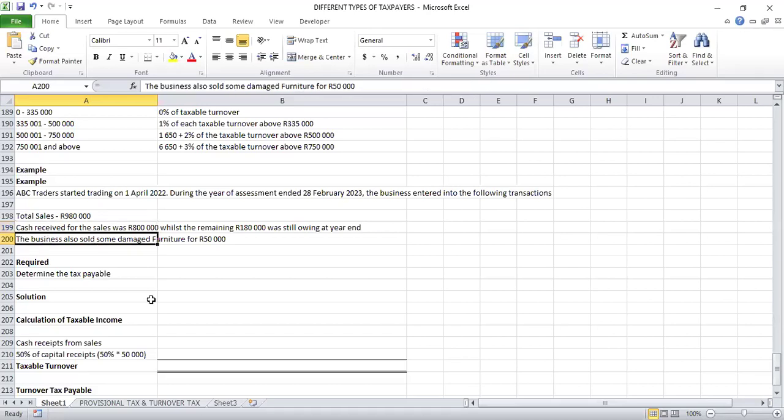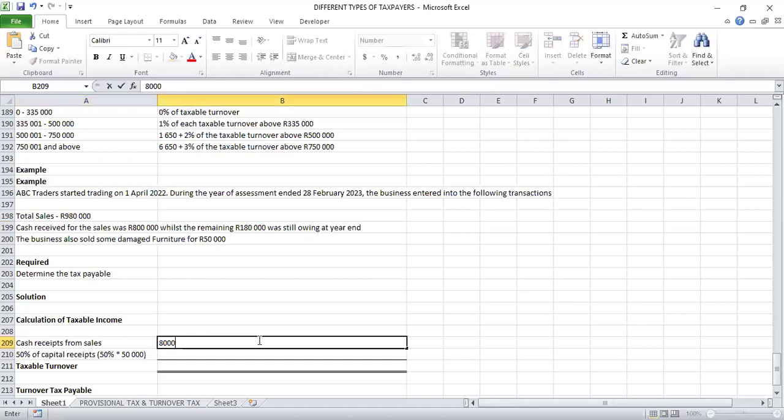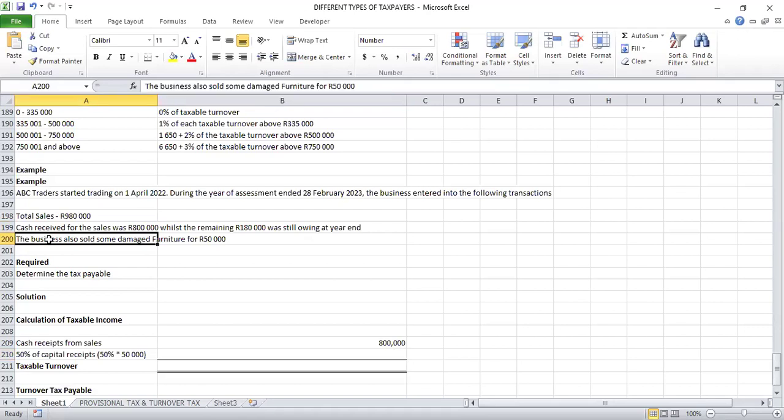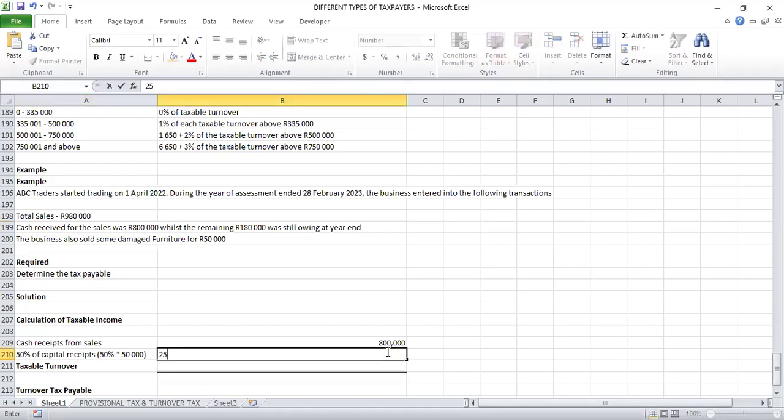The taxable income will include the cash received from sales, which is 800,000. And the capital receipts, it will only include 50%. So 50% of the 50,000 is 25,000.